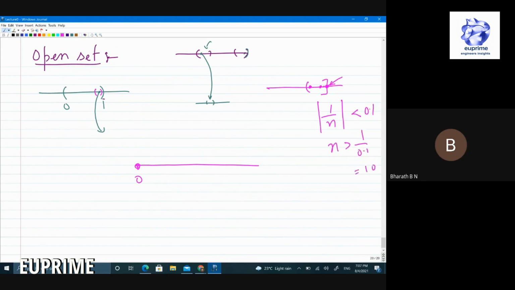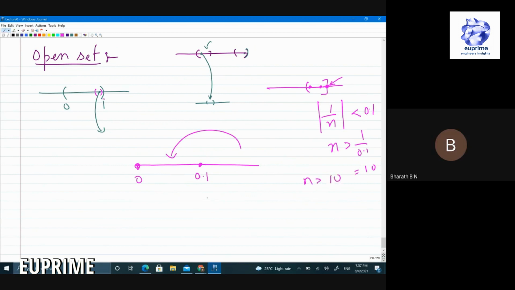Sorry, 0.1 is a positive number, so 1 by n should be within 0.1 of 0. Looking at the positive side, this will be 0.1 and it should be within that. You can be within that only if n is greater than 10.